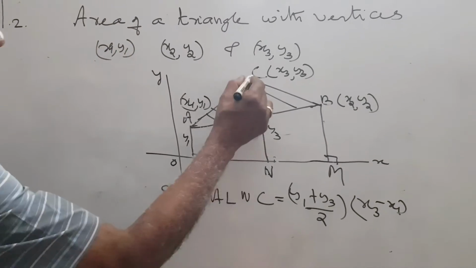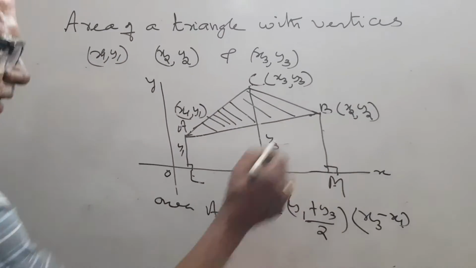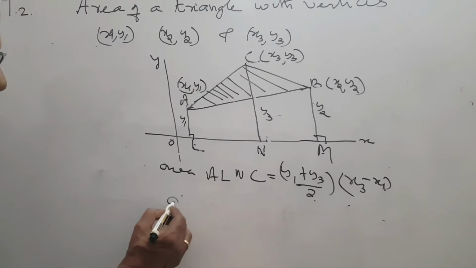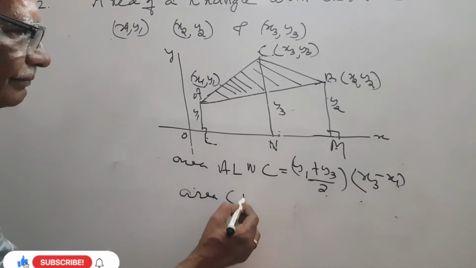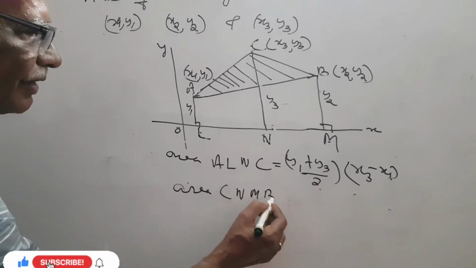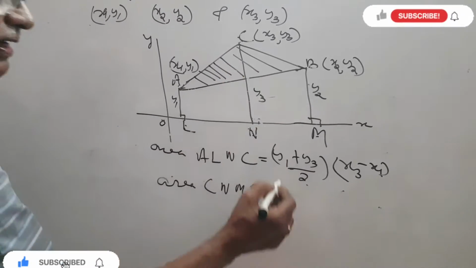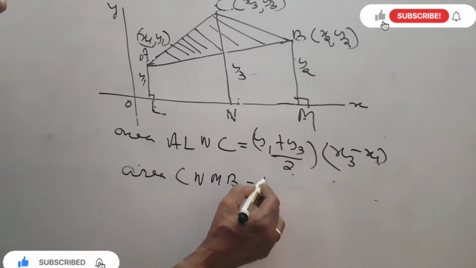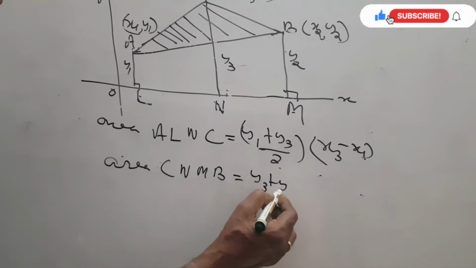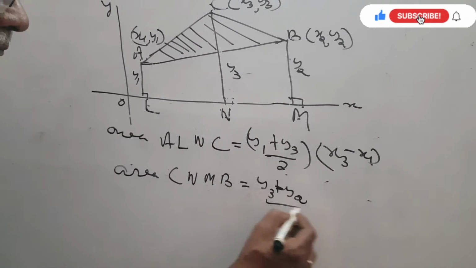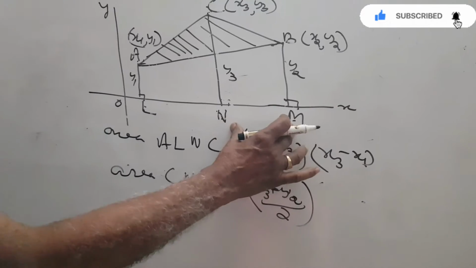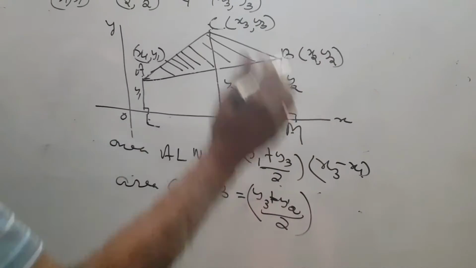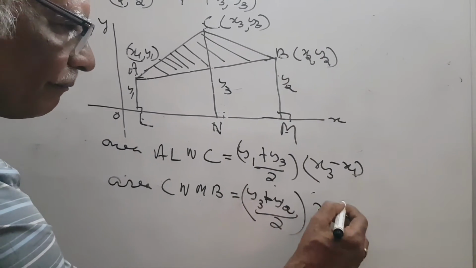Now similarly, CNMB area is (y3 plus y2) by 2 into the difference of x, which is x2 minus x3.